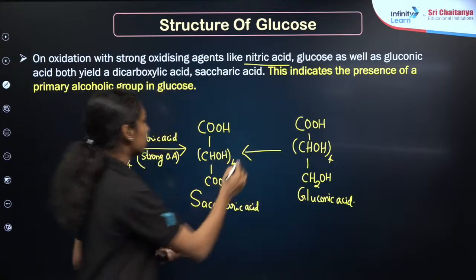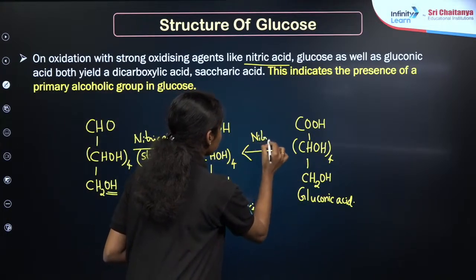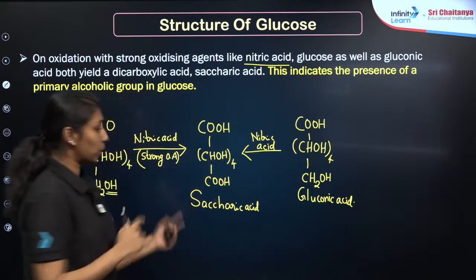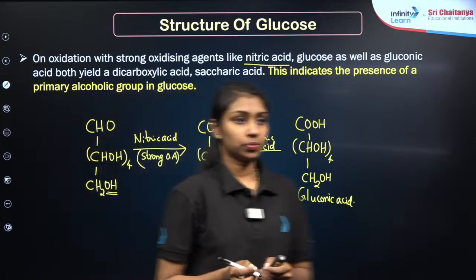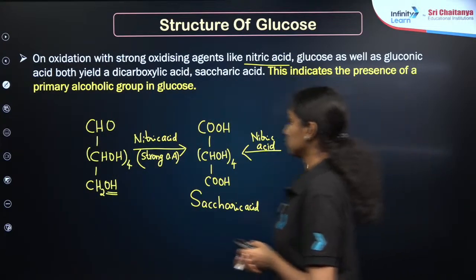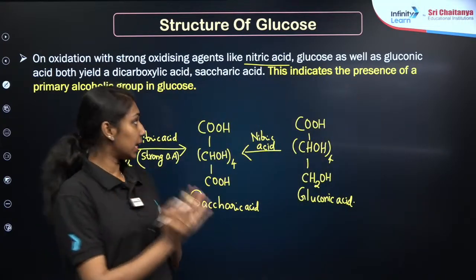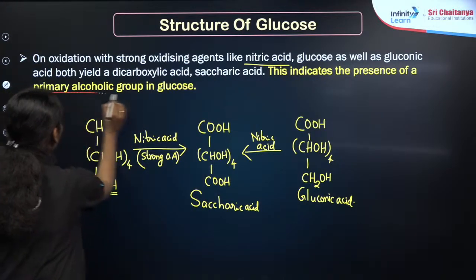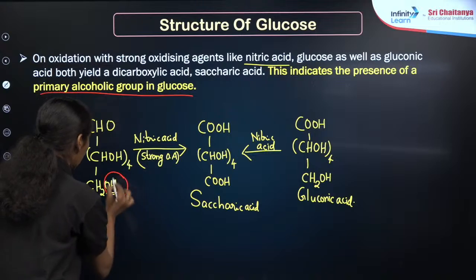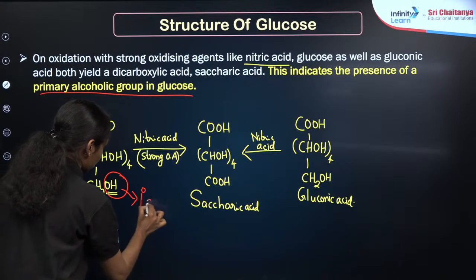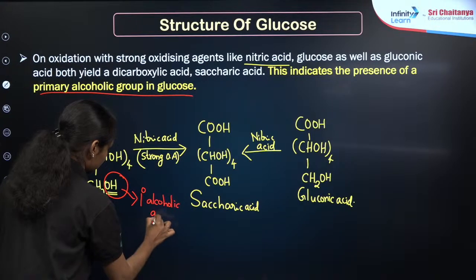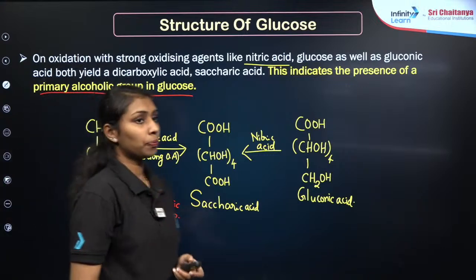This will also react with the nitric acid, the strong oxidizing agent here, to form the same saccharic acid having 2 carboxylic acid groups. Clear? So this reaction indicates the presence of a primary alcoholic group in the glucose. Clear?